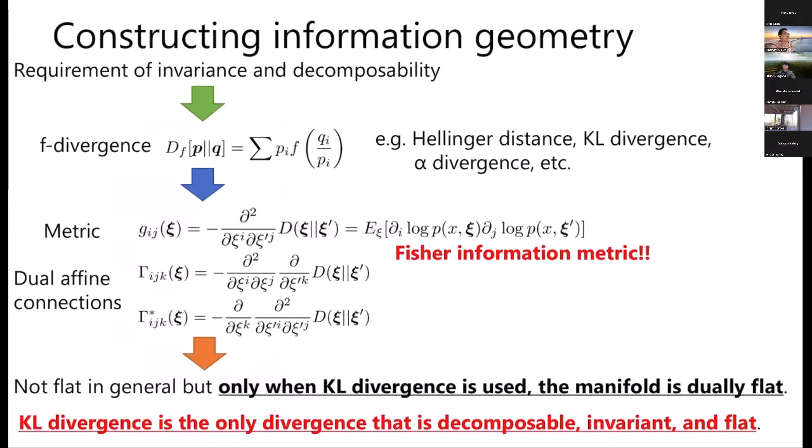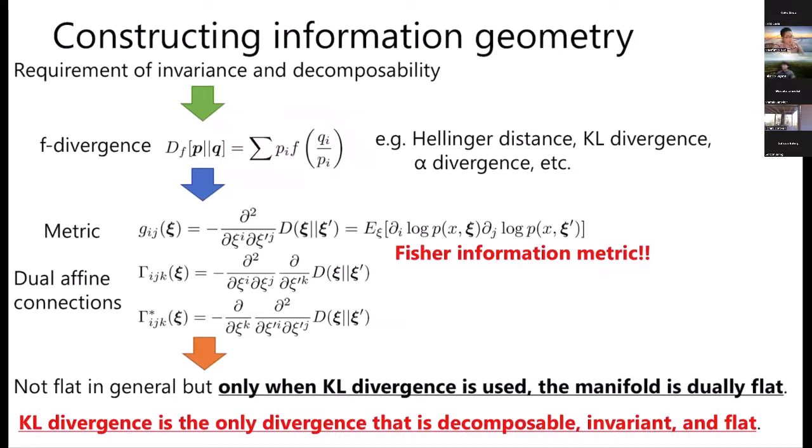Invariance means that depending on the coordinate choice, the geometry should not change, something like that. But I skip the details. If we require this invariance criterion and also the decomposability of divergence, the class of divergence is restricted to the so-called f-divergence. The f-divergence is expressed by something like this, and it includes Hellinger distance, KL divergence, alpha divergence, etc.